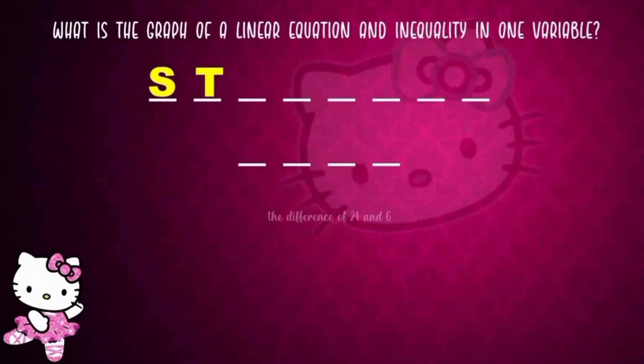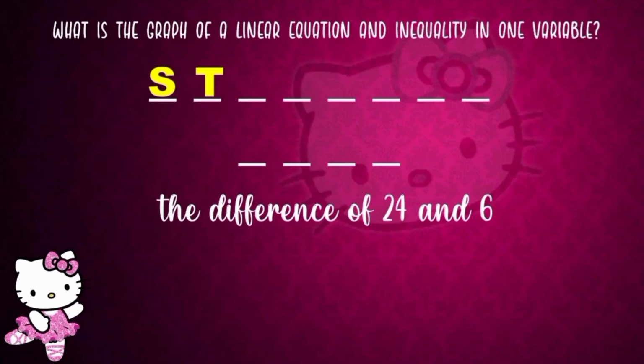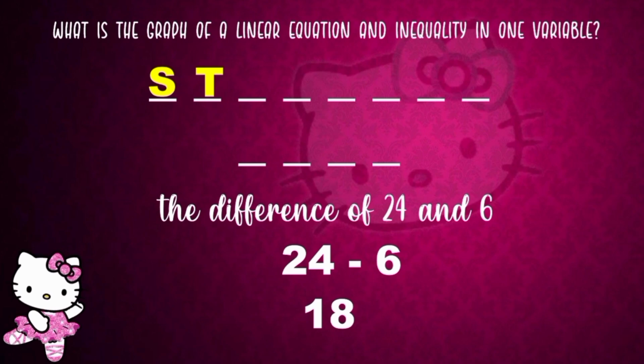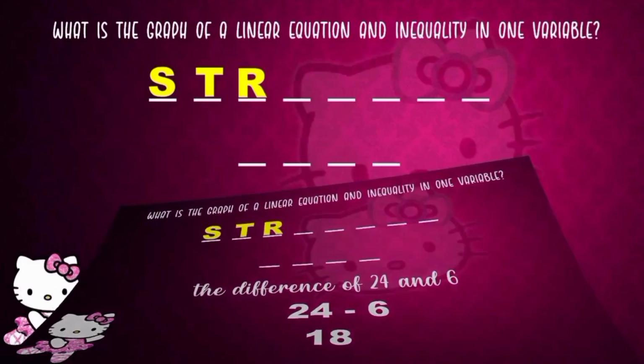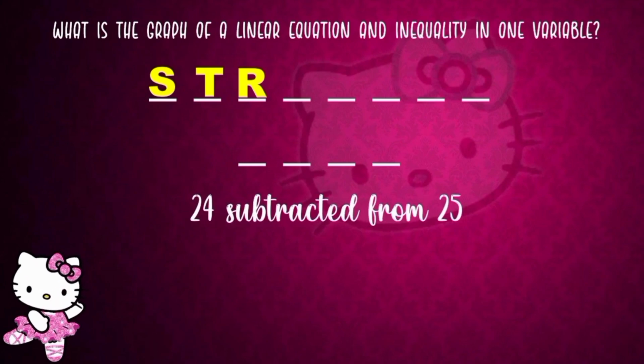Next is the difference of 24 and 6. 24 minus 6 is equal to 18. The 18th letter in the alphabet is letter R. Our next expression is 24 subtracted from 25.